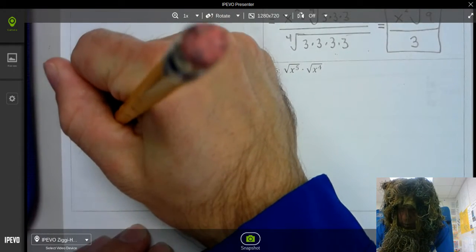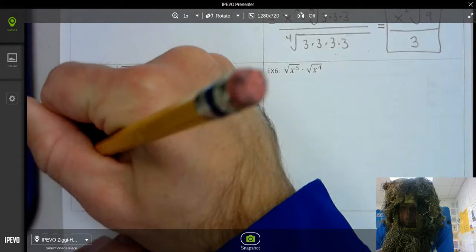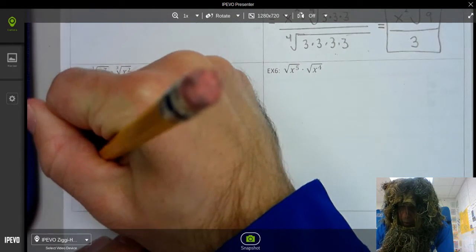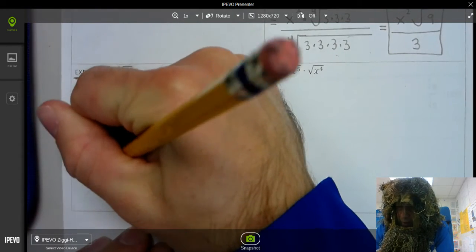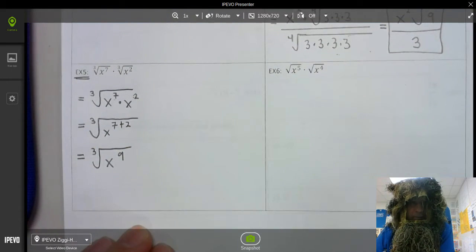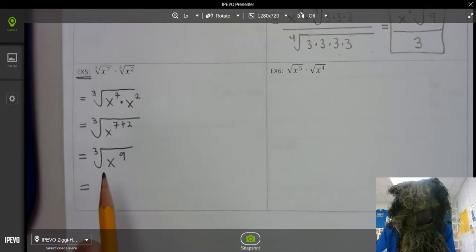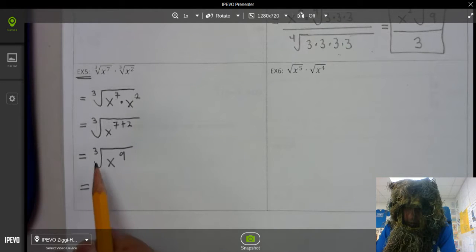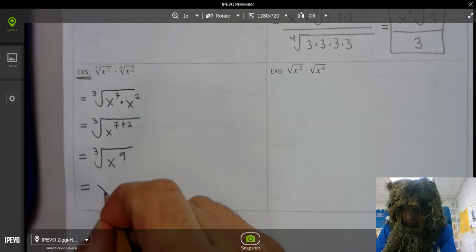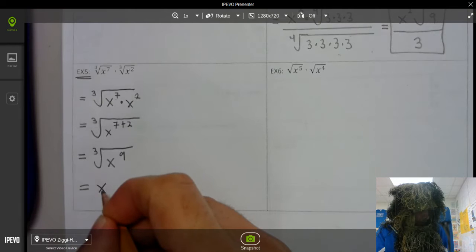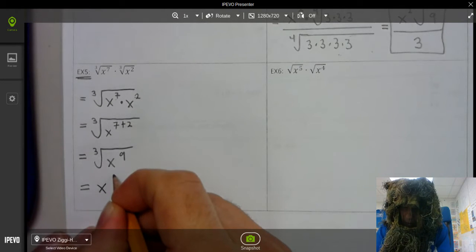So this becomes x to the 7th plus 2, which is the cube root of x to the 9th, which equals x to the 3rd power.